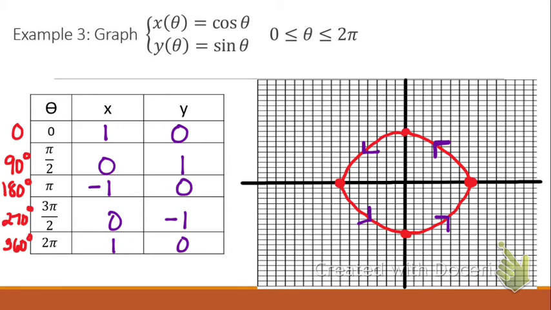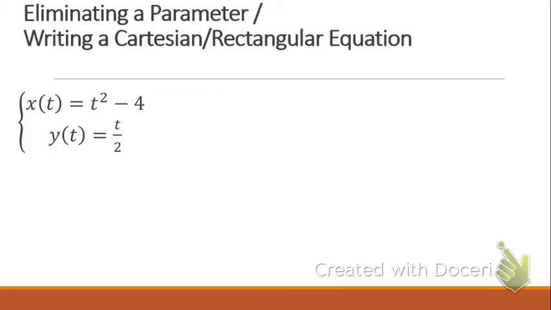Graphing a curve. And our last example for today is going to be to write an equation for a curve, including the domain restriction. So I'm going to give you the steps to write your equation for your curve. When you're writing a parametric equation, and there's a lot of ways, it's also called a Cartesian or rectangular equation.